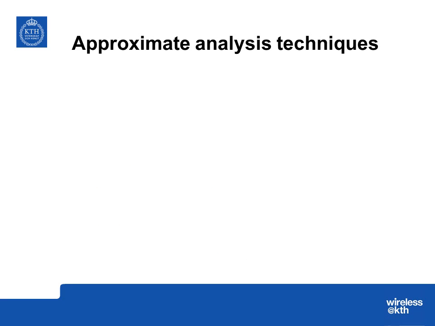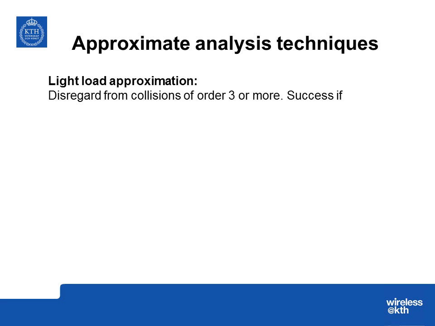In general, it's quite difficult to compute the capture probability for a collision of K packets. But what we do here to start with is to look at a simplification. We look at the light load approximation, and the light load approximation is that we disregard collisions of order 3 or more. So if there's a collision, we assume that's only between two different stations.